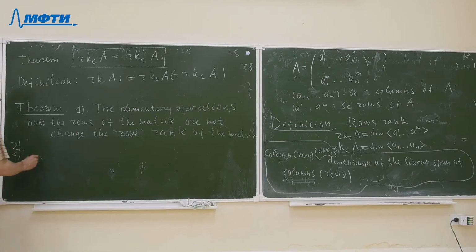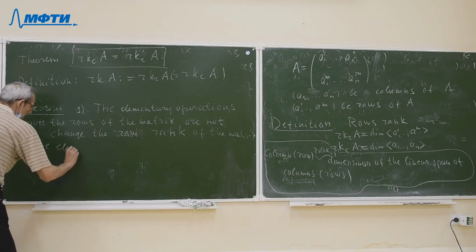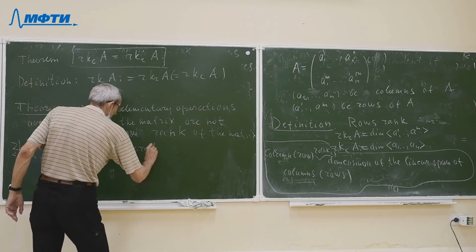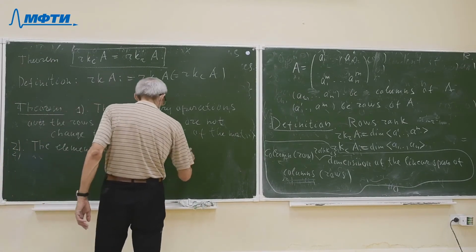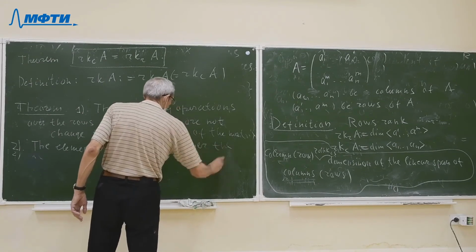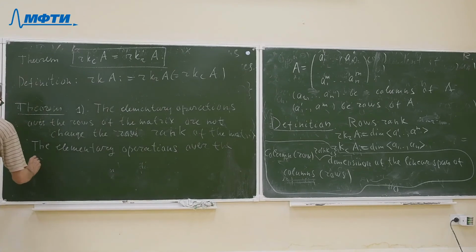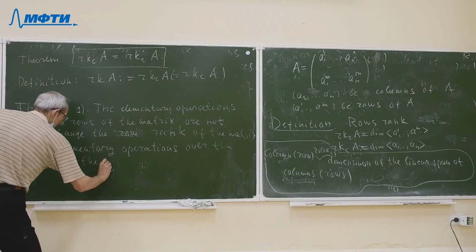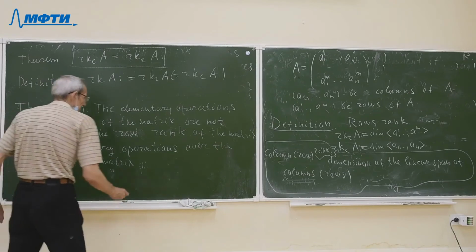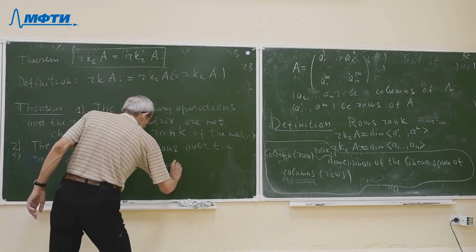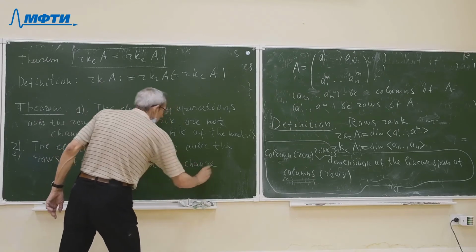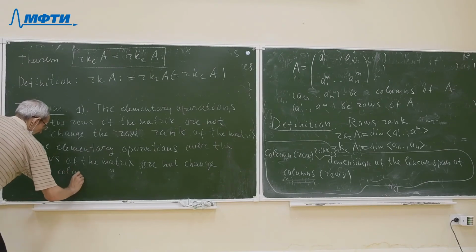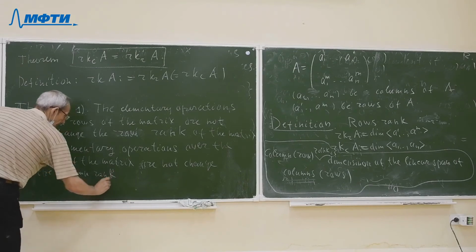The assertion: elementary operations on the rows of the matrix do not change the column rank.